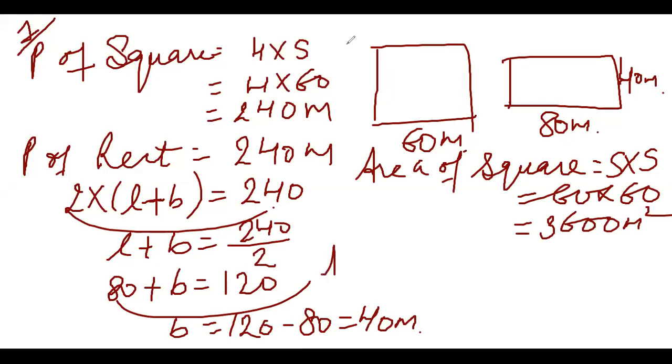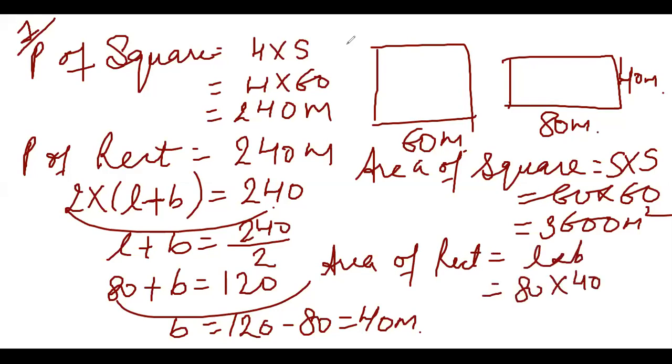Now we'll find out area of rectangle, which is equal to length multiply breadth, that is 80 into 40 is equal to 3200 meters square. So now you are to tell in this question which field has a larger area. Square. So we can say that square has larger area.